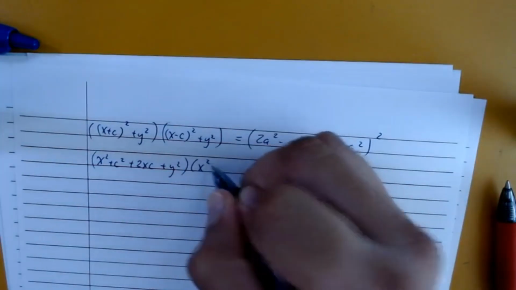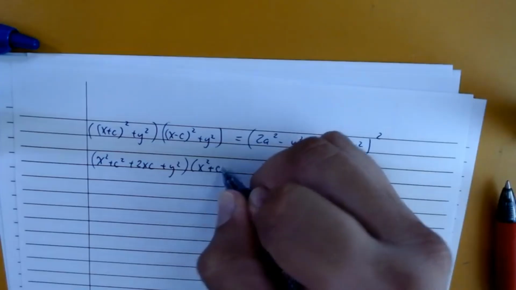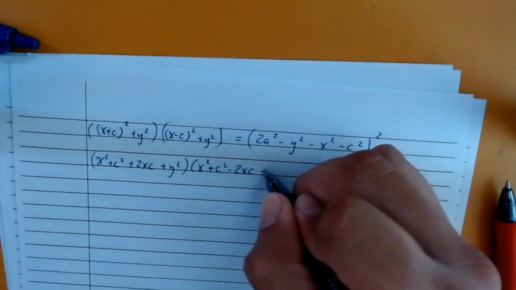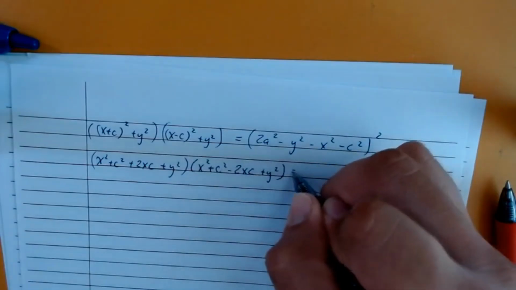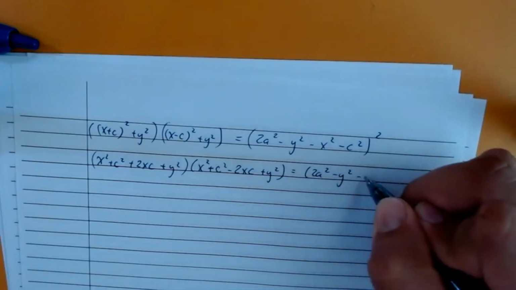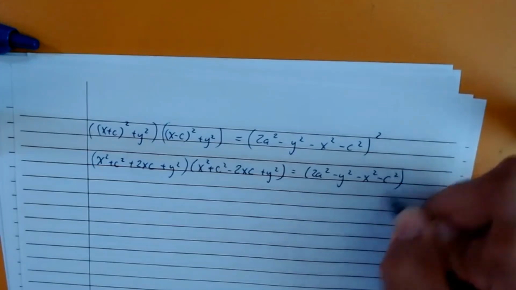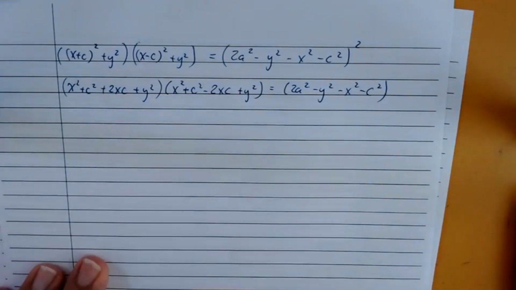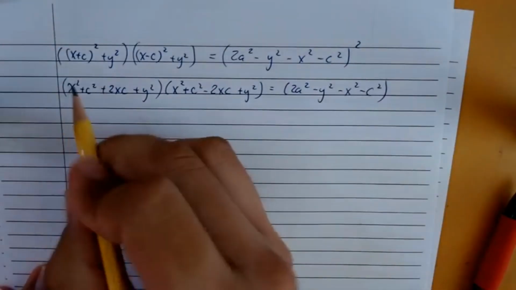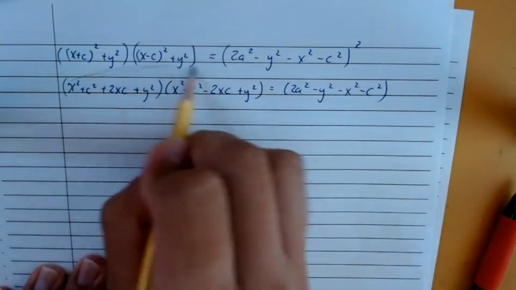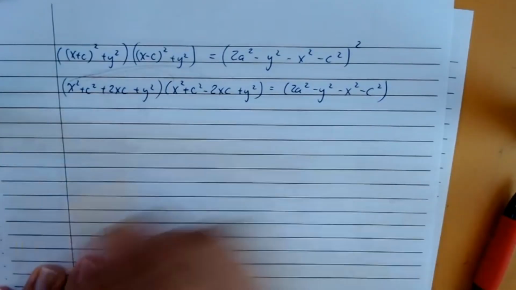That'll give us x² + c² − 2xc + y² is equal to 2a² − y² − x² − c². Okay. So now here we distribute. And here is nothing more than distribution, right? You'd have this one times this one, this one times this one, and so forth.